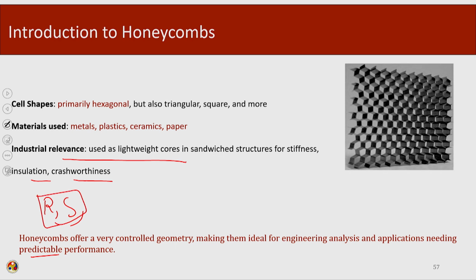The manufacturing, installation and maintenance of this system is also very easy, cost effective and easy to do. That is why the honeycomb system has found its relevance in different applications.